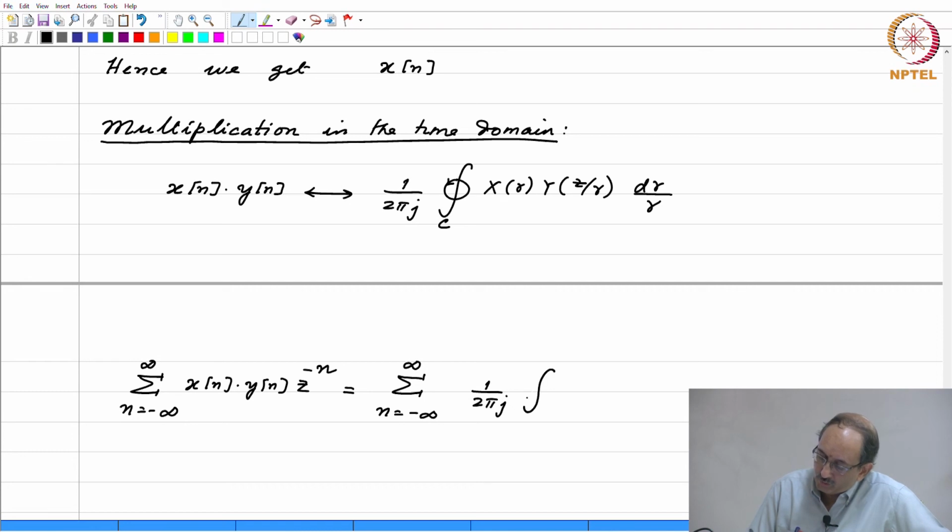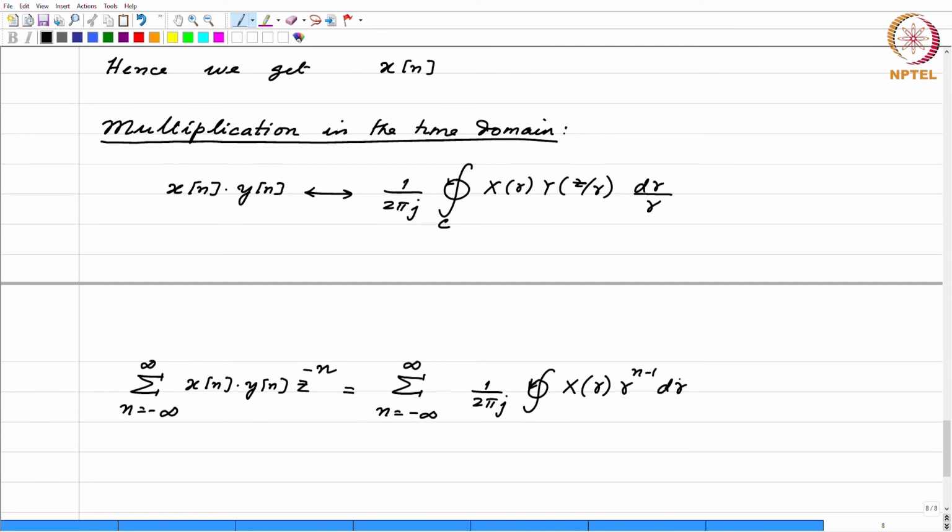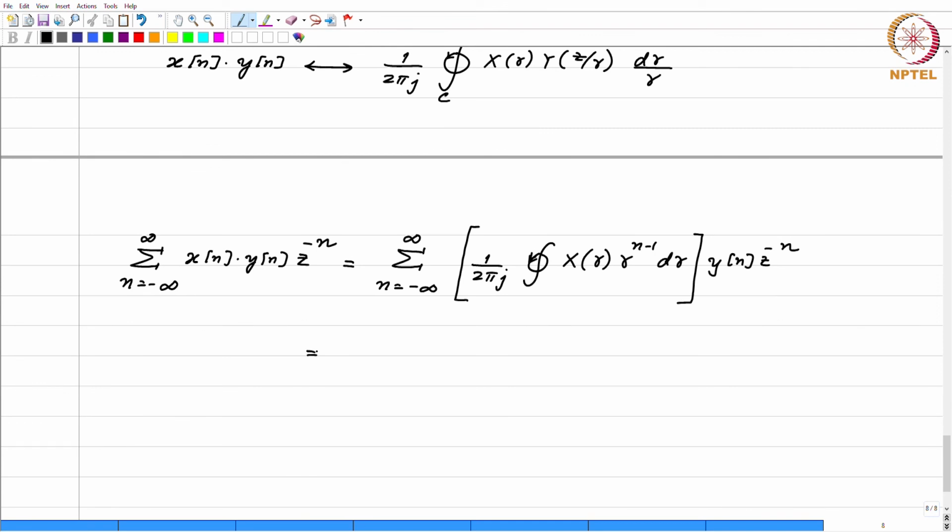Therefore, this is 1 over 2 pi j x of gamma to the n minus 1 d gamma. Again, you do not want to use z here because z already is part of the expression here. So, this is y of n times z to the minus n, and now we will do what we always do, we will interchange these two things.